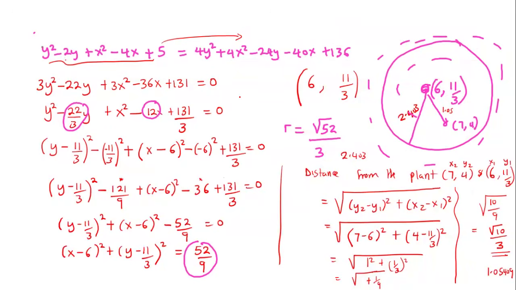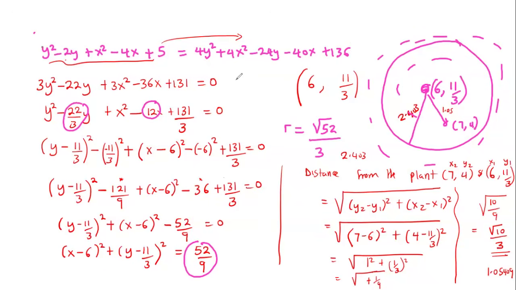When we were obtaining the radius, you square-rooted only the 52 over 9, and it's a bit confusing me. Why?